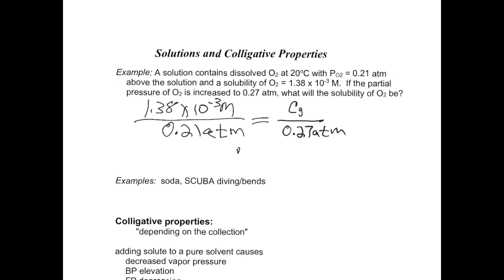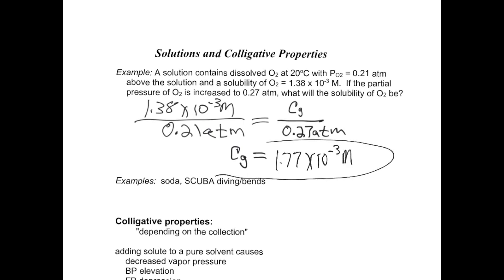So we can do the math, which I assume you can do, and when I punch that in, I get 1.77 times 10 to the minus third molar. I would expect it to be higher when my partial pressure is higher, and I certainly have seen that. So hopefully you get a number like that.